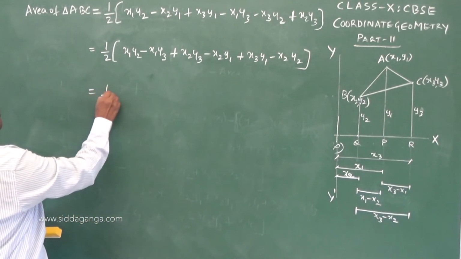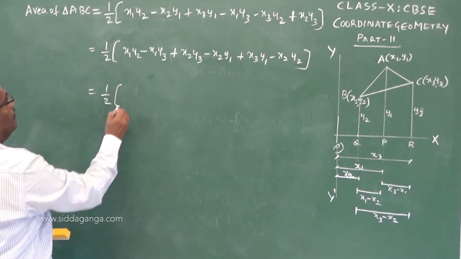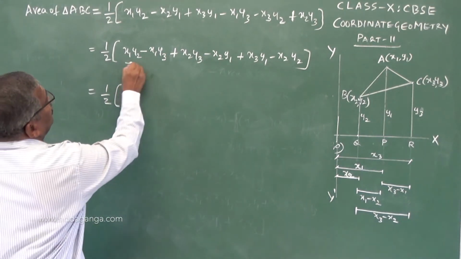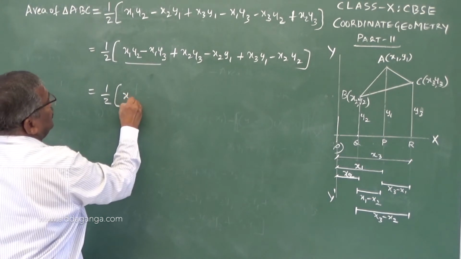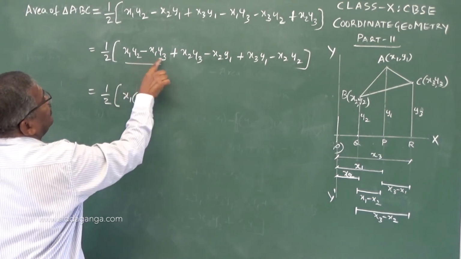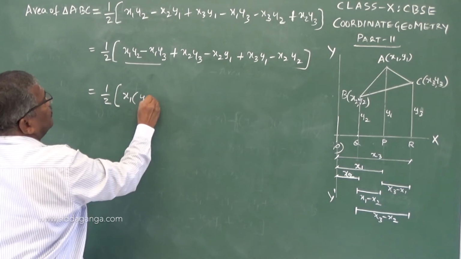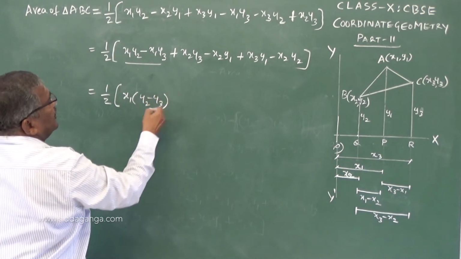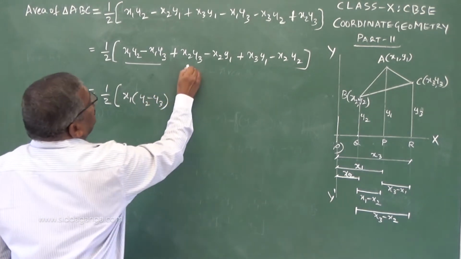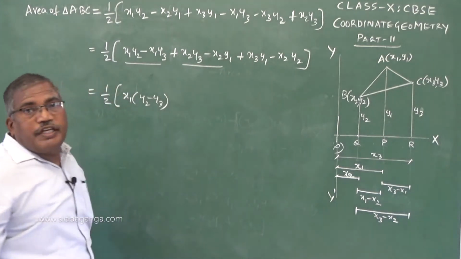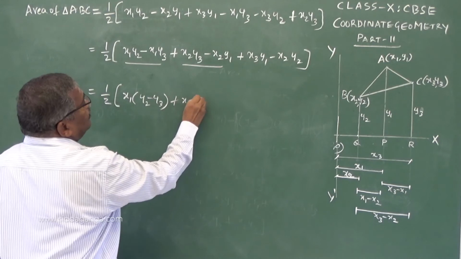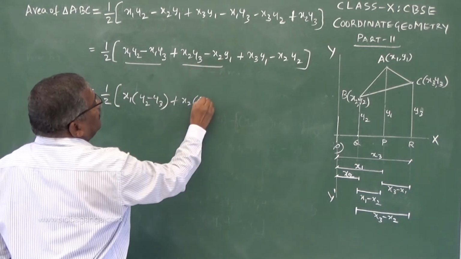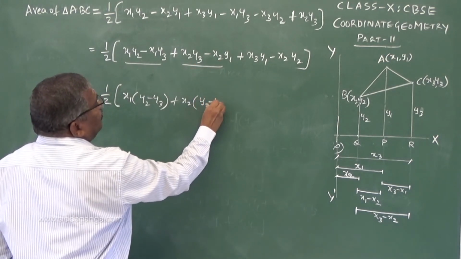This equals 1 by 2 into, now from these two you take x1 outside, x1 into y2 minus y3. From these two, you take x2 outside. So, x2 into y3 minus y1.